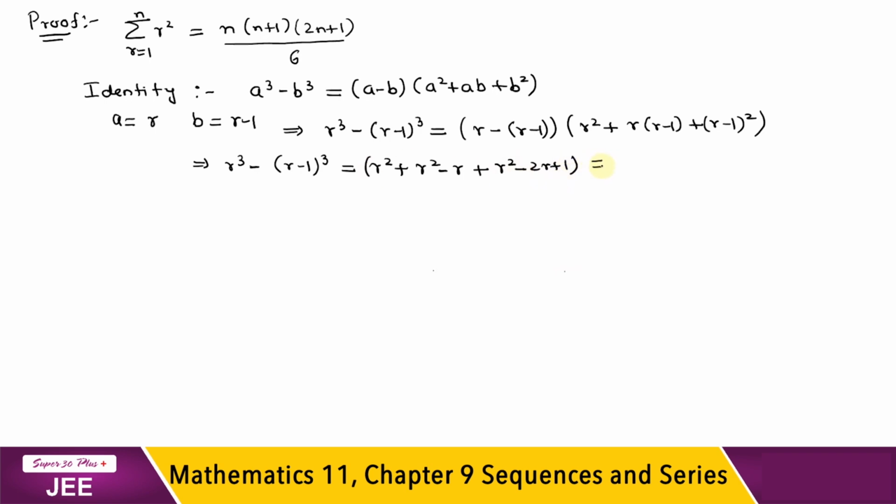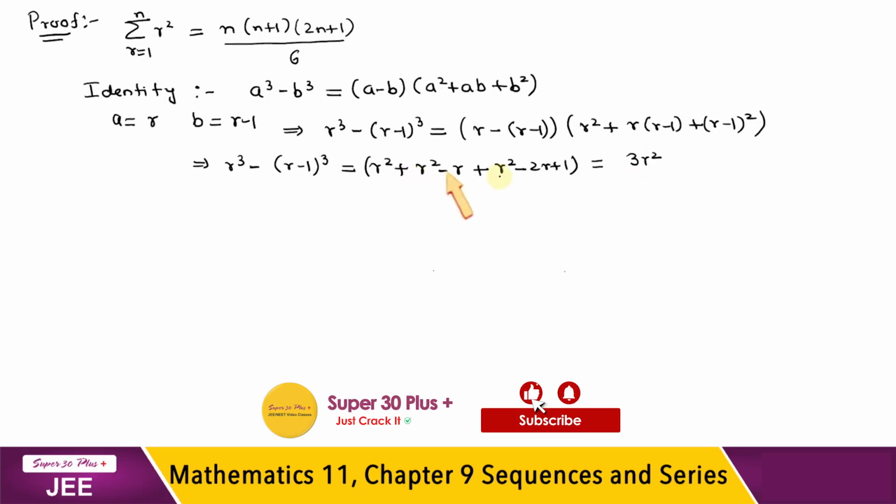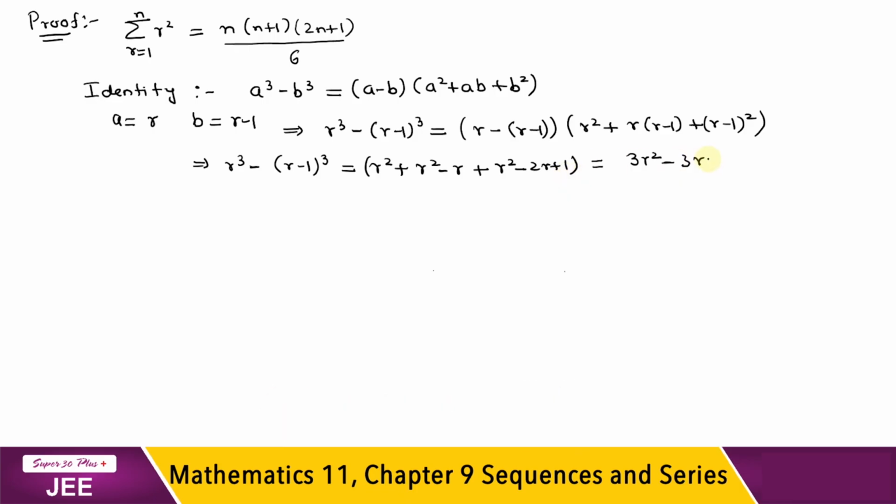So this can be further written as 3r square, minus r minus 2r becomes minus 3r, and plus 1. So in all we have r cube minus (r minus 1) whole cube as 3r square minus 3r plus 1.